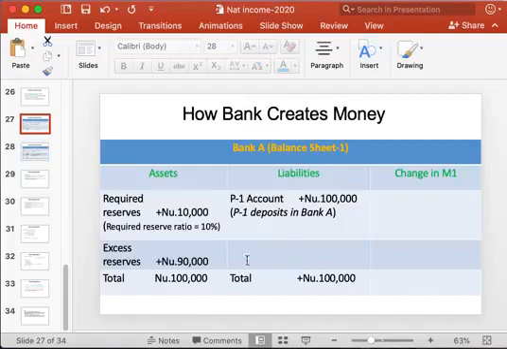When another person takes a loan of 95,000, then the change in M1 will be 95,000 instead of 90,000. So the currency in circulation is 95,000, and that is how the money supply changes in the economy.